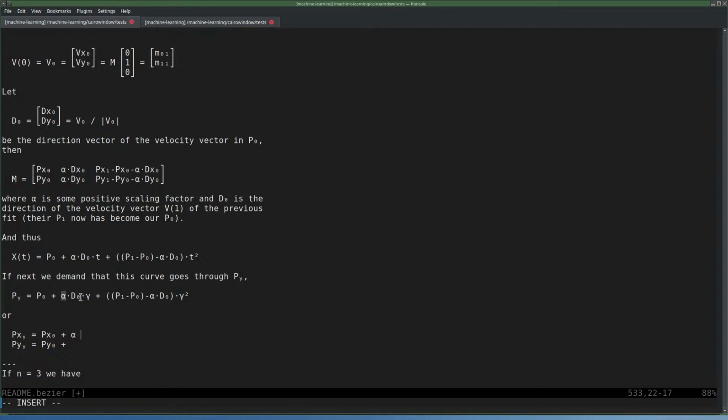Alpha times dx0, and here we have alpha times dy0. Okay, I'll use dot. Plus, times gamma.